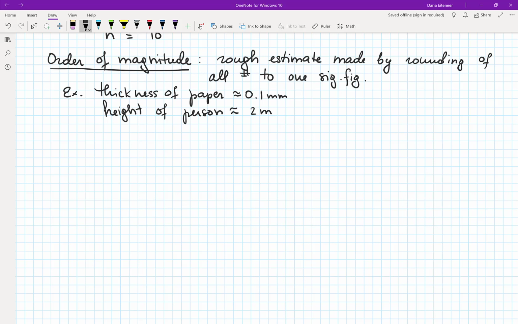So 2 meters is like a little over 6 feet. So roughly, right? So order of magnitude is never exact. It's an approximation. It's a very rough estimate, but at least it gives you an idea.